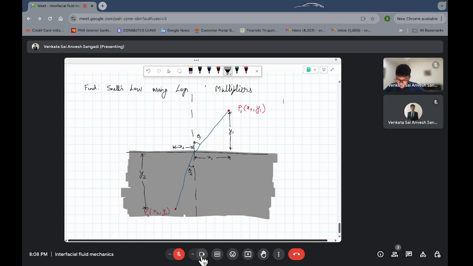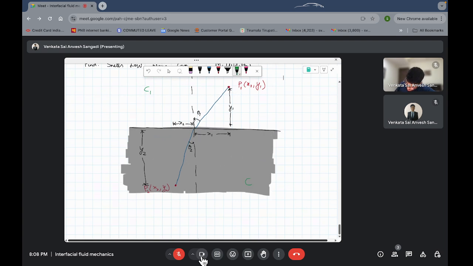And this is the lower medium. So in the upper medium we have speed c1, and in the lower medium we have speed c2.